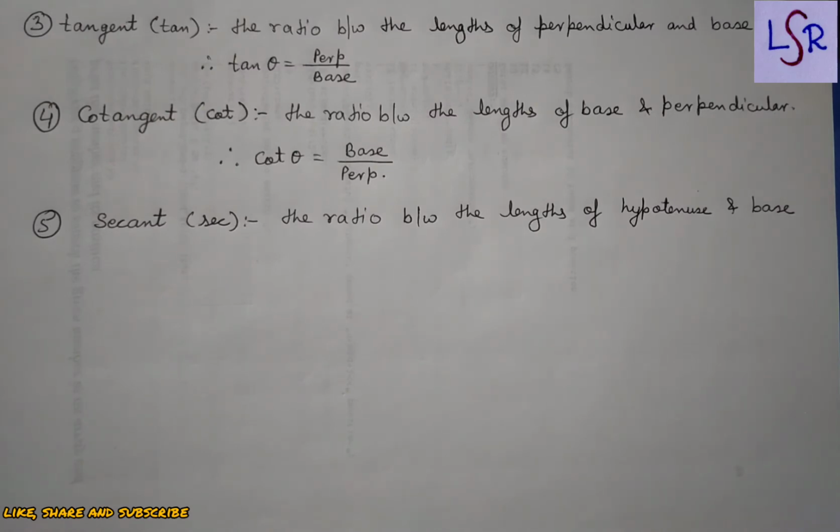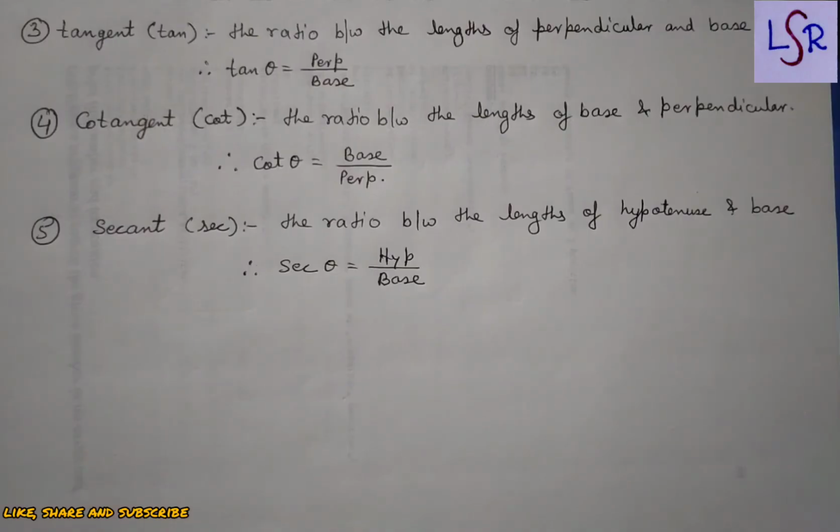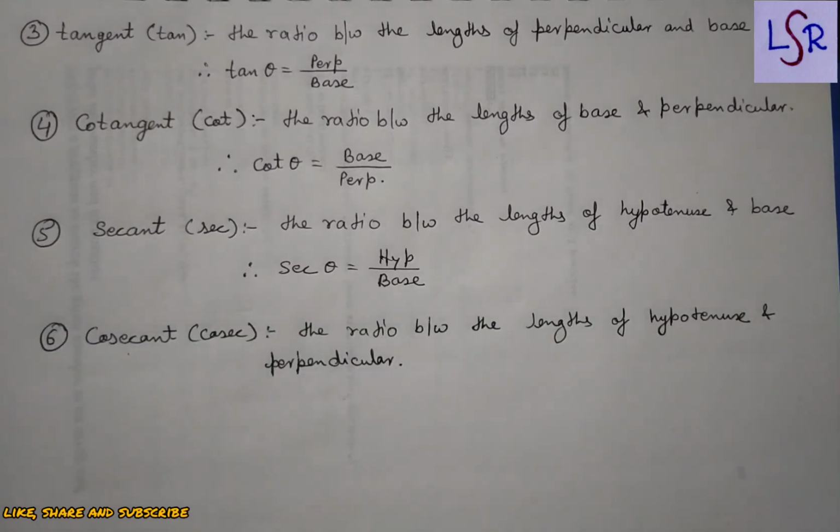It can be called the reciprocal of cos and is represented as sec theta equals hypotenuse upon base. And the last ratio is cosecant, the ratio between the lengths of hypotenuse and perpendicular. This is also the reciprocal of sin theta and it is represented as hypotenuse upon perpendicular.